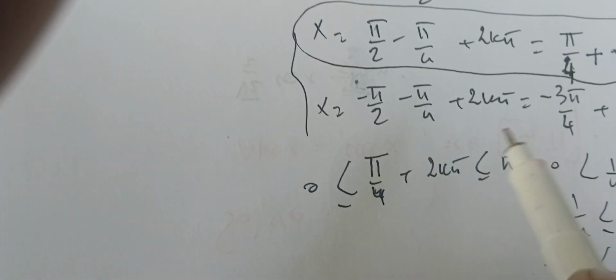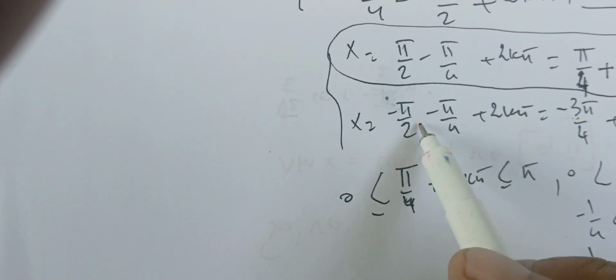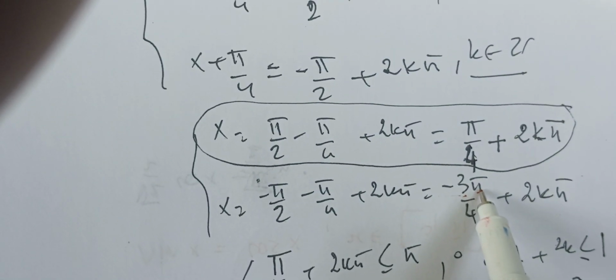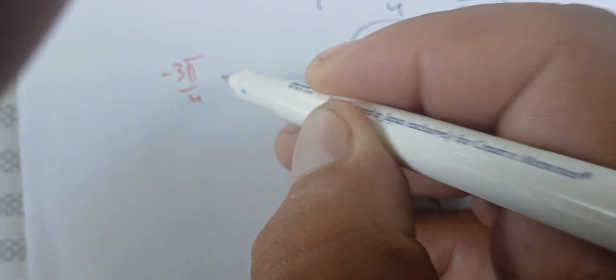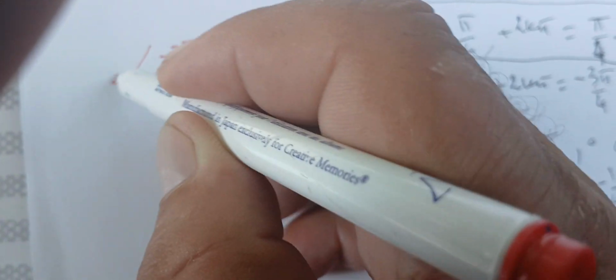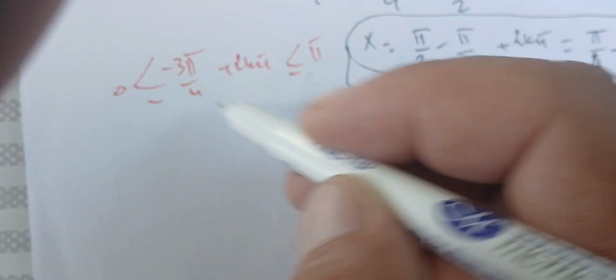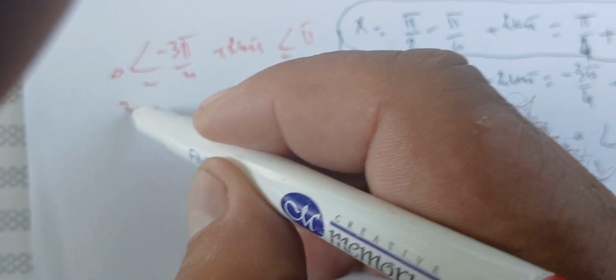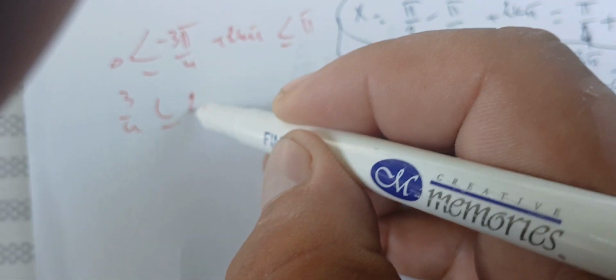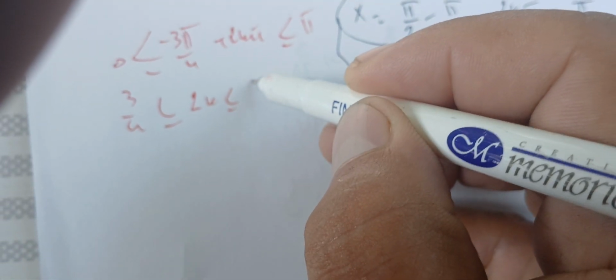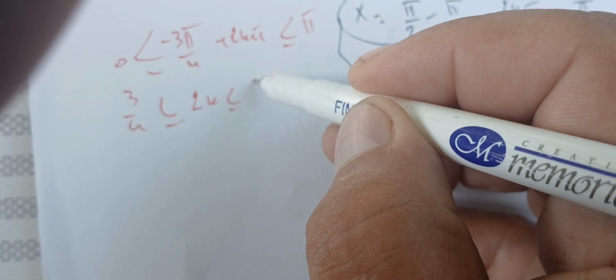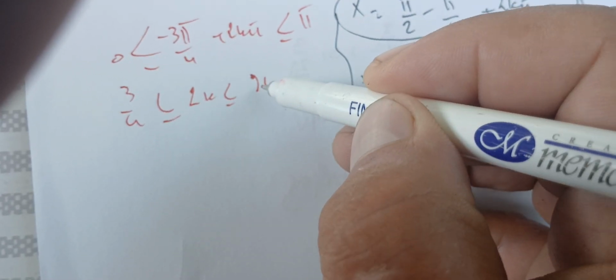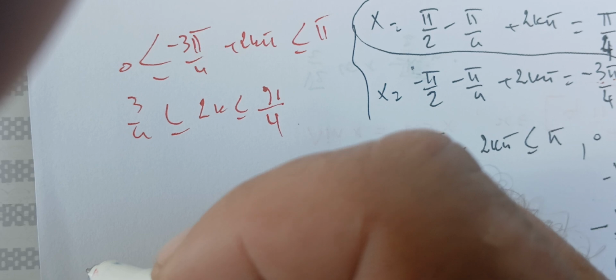Now let's check the other one here. This one has to be in this interval, 0 to pi. That means minus 3 pi over 4 plus 2k pi has to be between 0 and pi. If I divide by pi and add 3/4 to both sides, I will have 2k between 3/4 and 7/4.